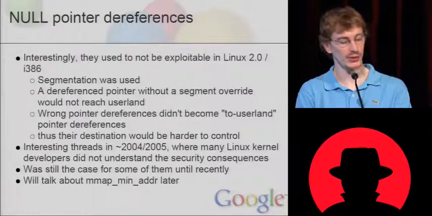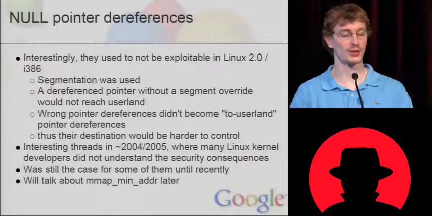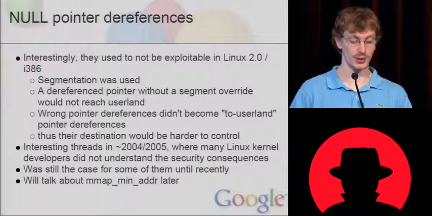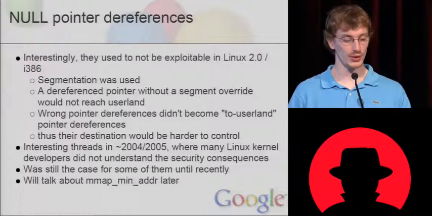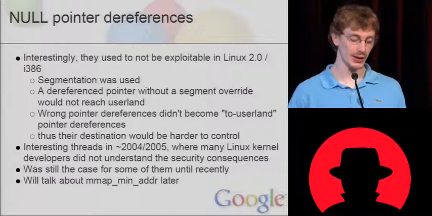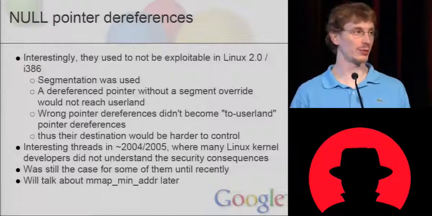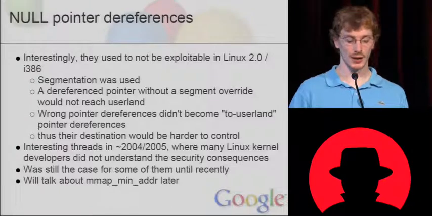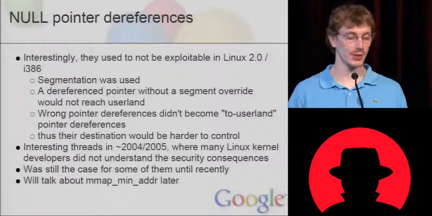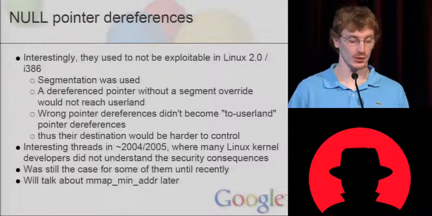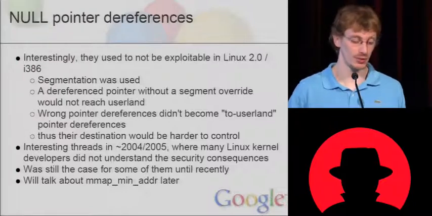And interestingly, I remember that in 2004, 2005, we had some interesting threads with Linux kernel developers who did not understand the security consequences of them. And it was not really clear if they just expected null to be special to the underlying hardware, or if they still remembered the earlier days of Linux when this was not exploitable, but it was exploitable on other platforms.